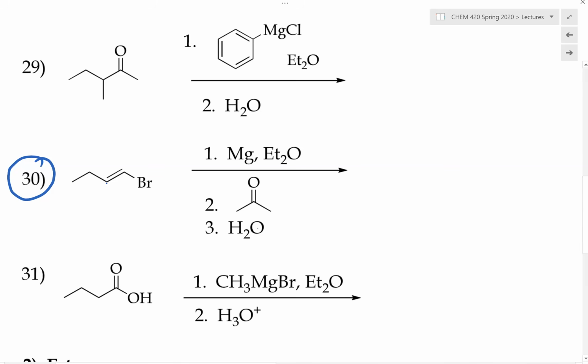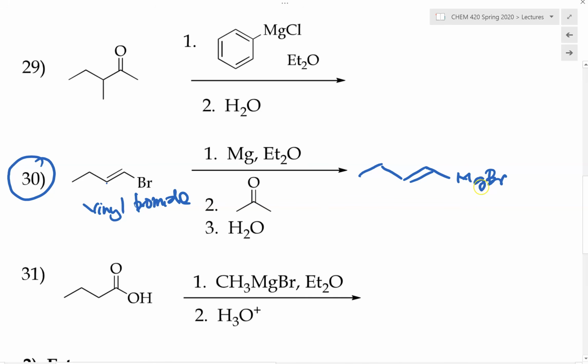So in this case, let's go over this. When we take this and treat it with magnesium, we'll be able to convert this vinyl bromide into a Grignard reagent.